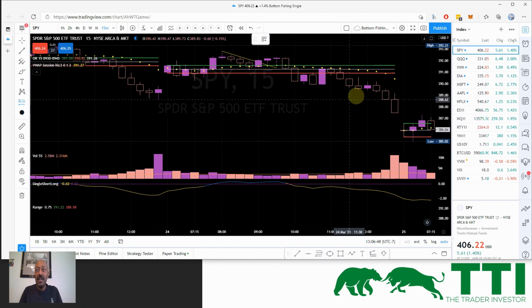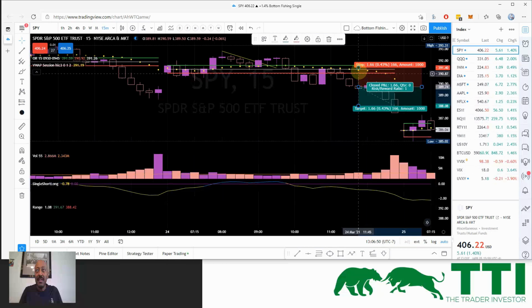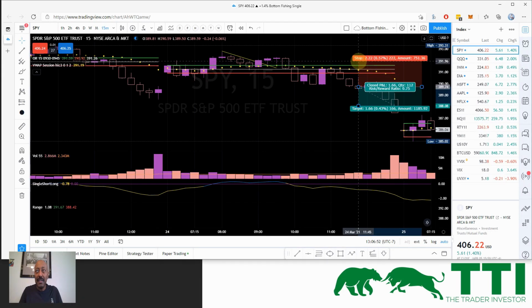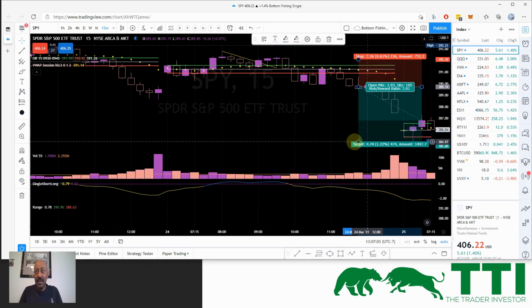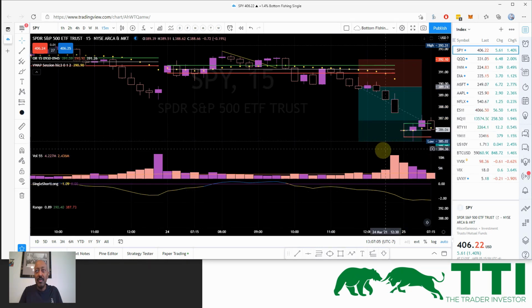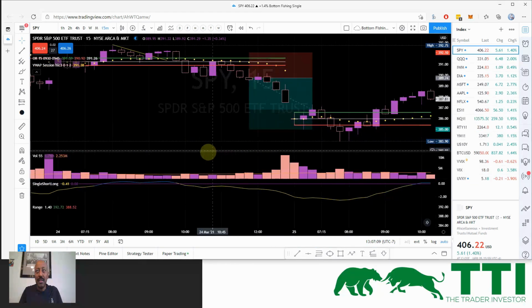So if we take this on the low side and our target stop is somewhere around here, and a 2-to-1 is around here, so I probably never got that 2-to-1, right?